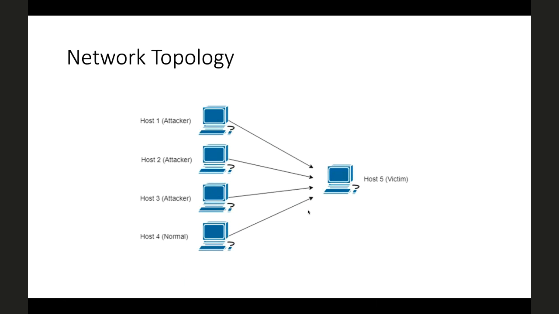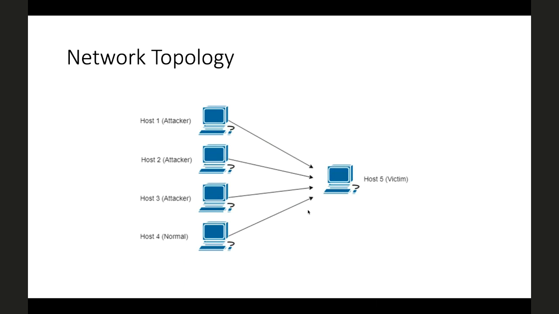Host 1 sends SYN TCP flag packets to the target, 100 SYN packets every second. Host 2 sends 100 HTTP GET requests to the target every second, and host 3 sends 100 empty UDP messages to the victim target.